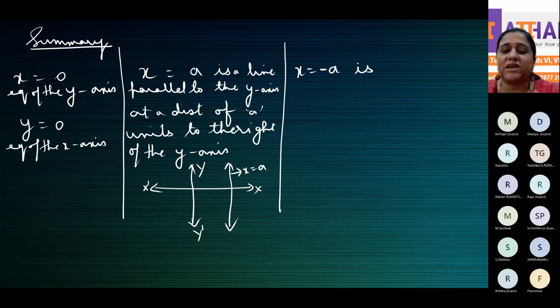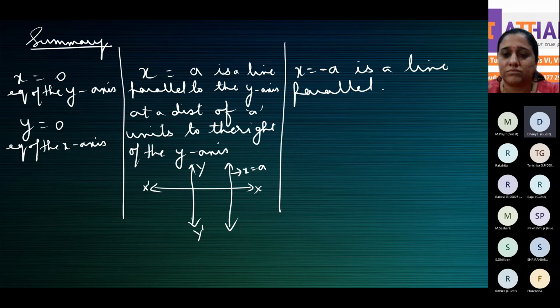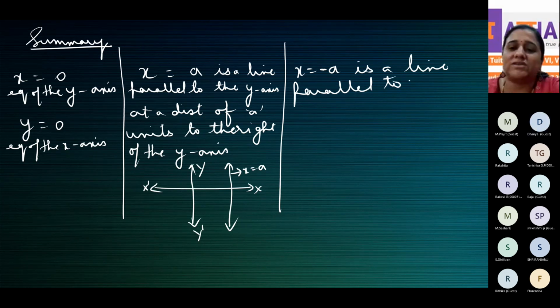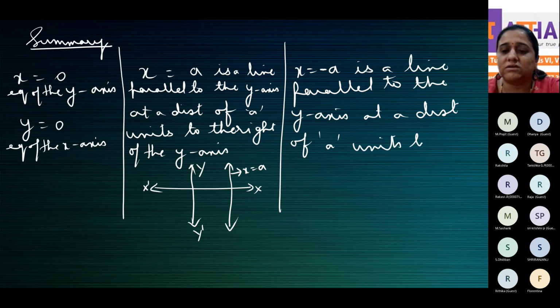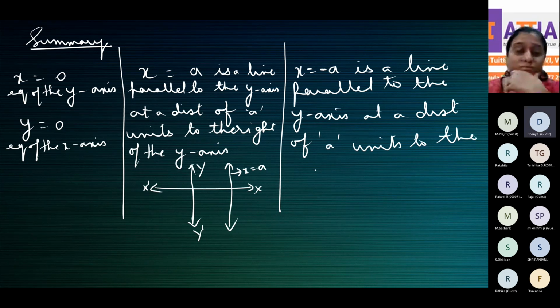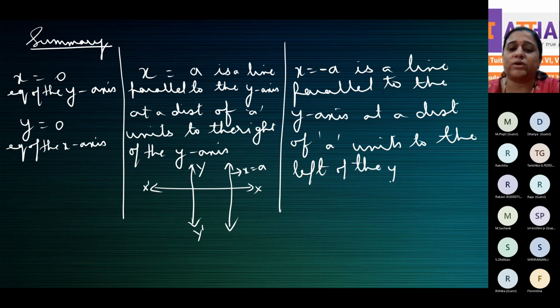X is equal to minus a is a line parallel to the y-axis. Yeah, x is equal to means always y-axis. X is equal to minus a is a line parallel to the y-axis at a distance of a units only. Distance cannot be negative. At a distance of a units, but to the left of the y-axis.